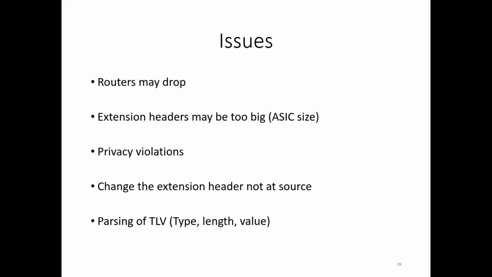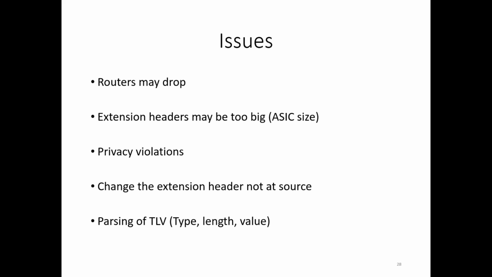Now, just because something is deprecated by the IETF does not mean that you can't craft a packet using that. I mean, the IETF, as they say themselves, is not the protocol police. They can't police everyone across the world. And just because it's deprecated doesn't mean I can't craft a packet using it.